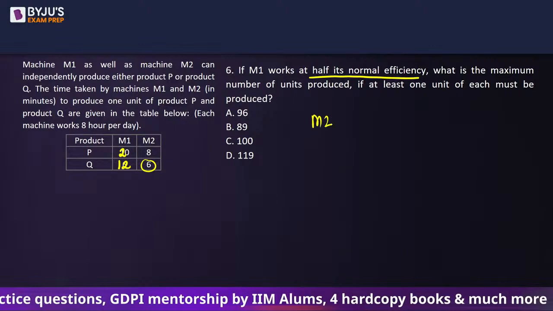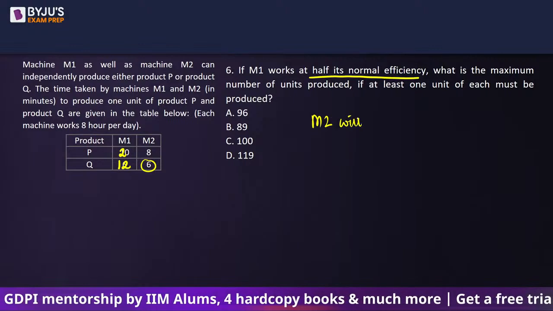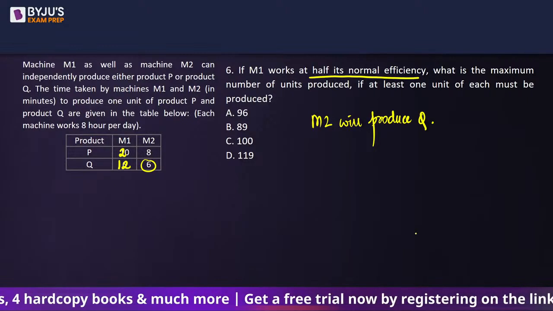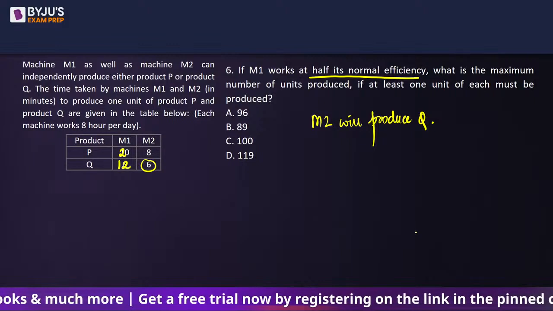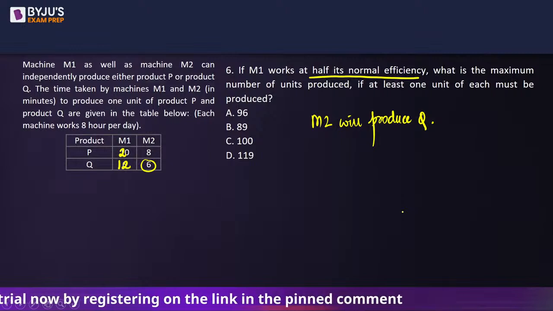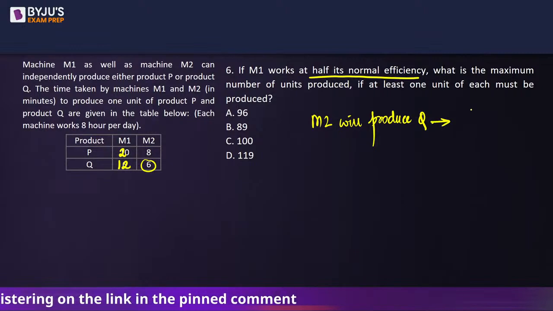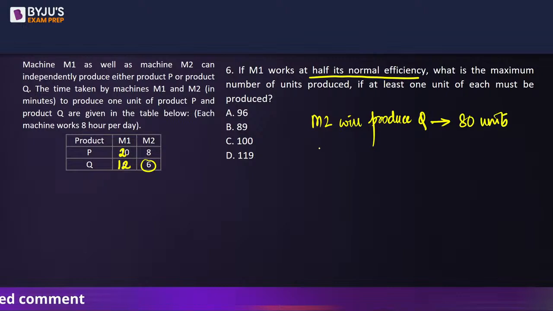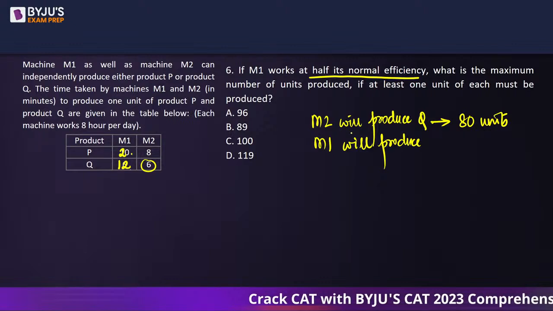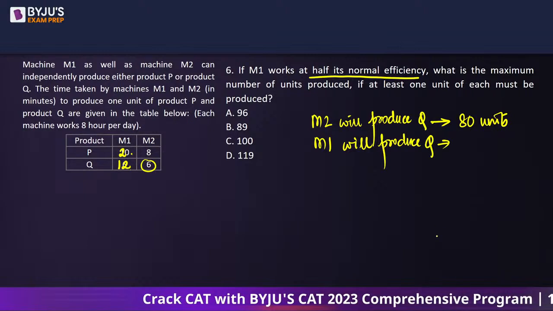है ना? So M2 से सबसे ज्यादा प्रोड्यूस होगा, because it takes only 6 minutes. So what I will do is M2 will produce Q. पूरे दिन भर M2 Q ही प्रोड्यूस करेगा. If M2 produces Q in the entire day, we have already seen that it will produce 80 units alone. Now let's look at M1. While M2 is producing Q the entire day, M1 should produce either P or Q the entire day.